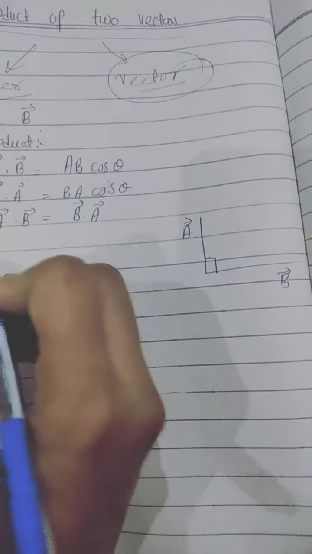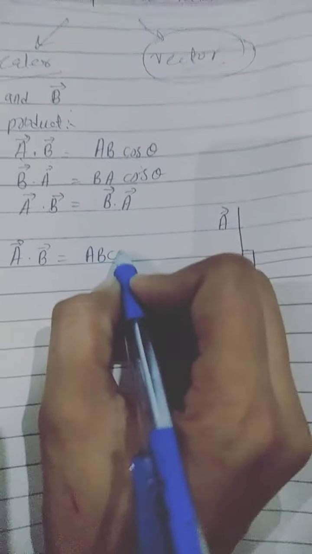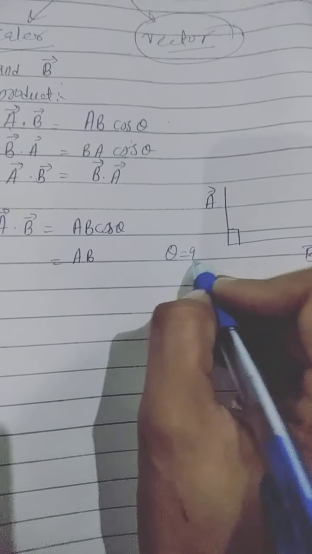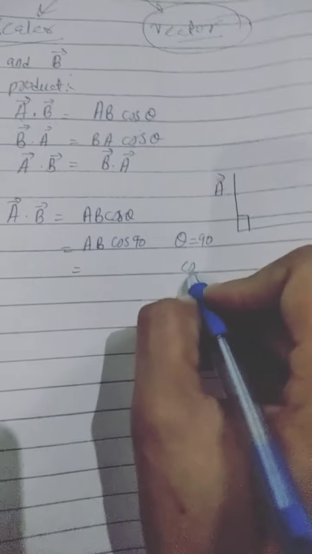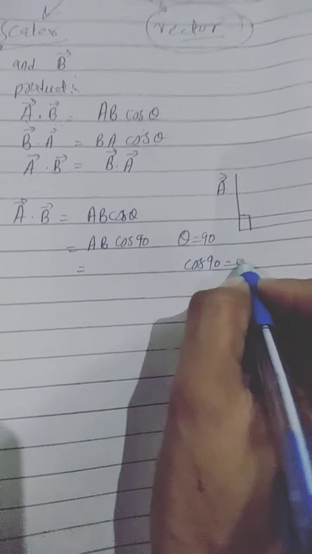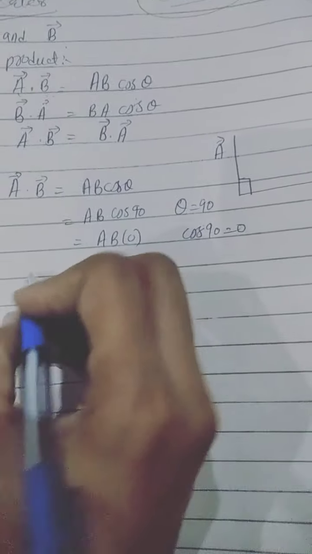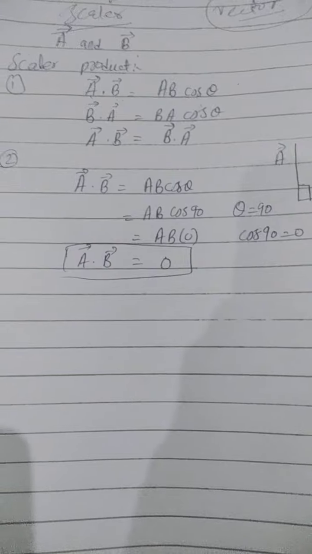Why? Because A dot B is equal to AB cos theta. When two vectors are mutually perpendicular, theta is equal to 90, and cos 90 is equal to 0. So AB into 0 is equal to 0. So the scalar product or dot product of two mutually perpendicular vectors is 0.